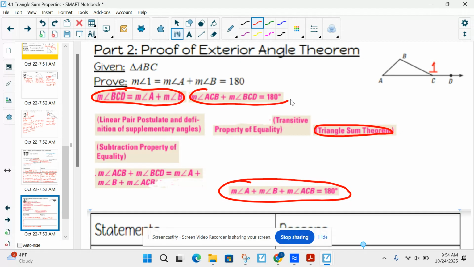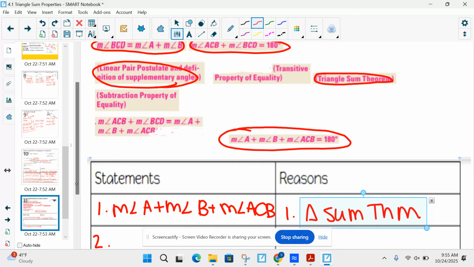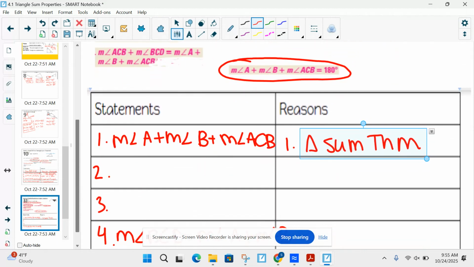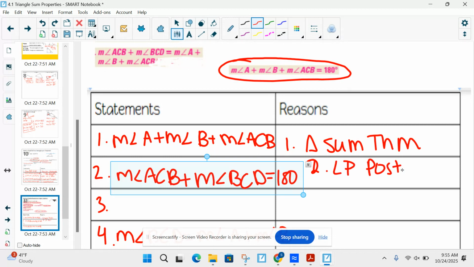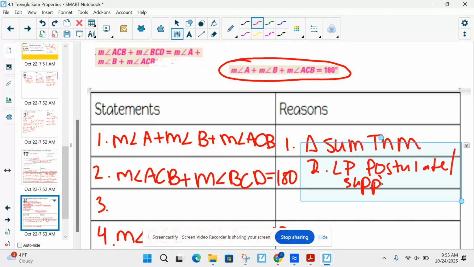Yeah. And that would be linear pair postulate and definition of supplementary angles. So we're going to put measure of angle ACB plus the measure of angle BCD equals 180. I'm just going to say linear pair postulate and supplementary angles.